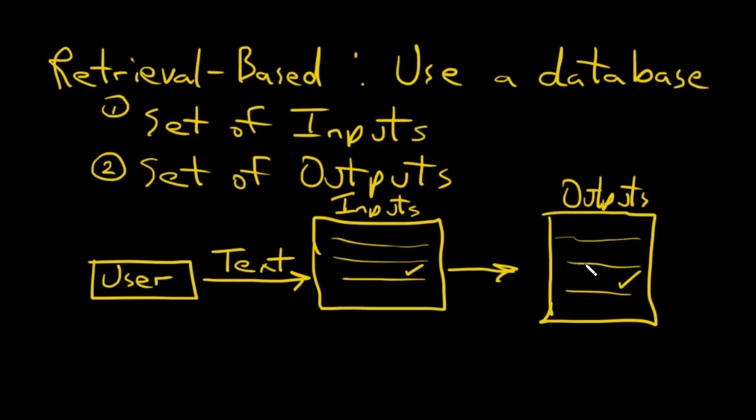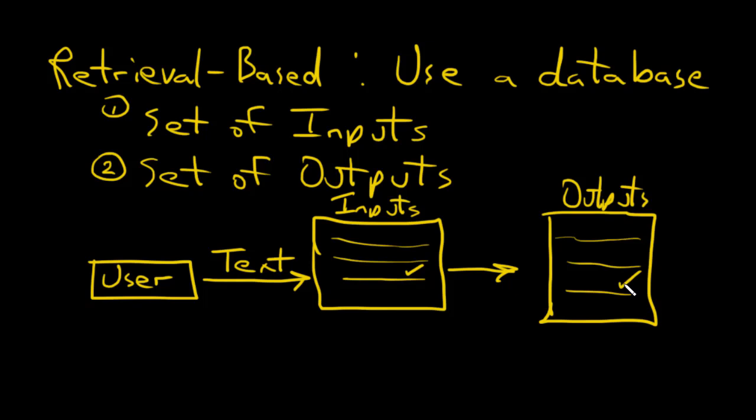Now, it's not only the easiest chatbot to implement, it's also by far the most common, because all it does is match user inputs to its inputs and then give an output.